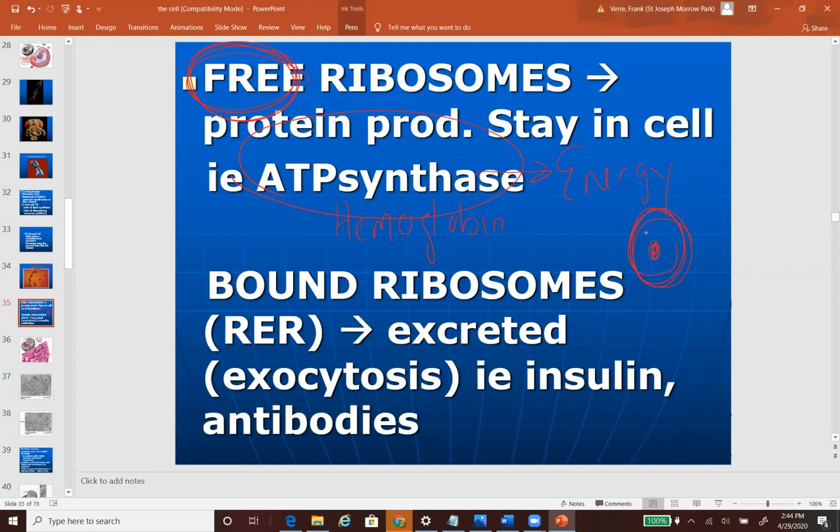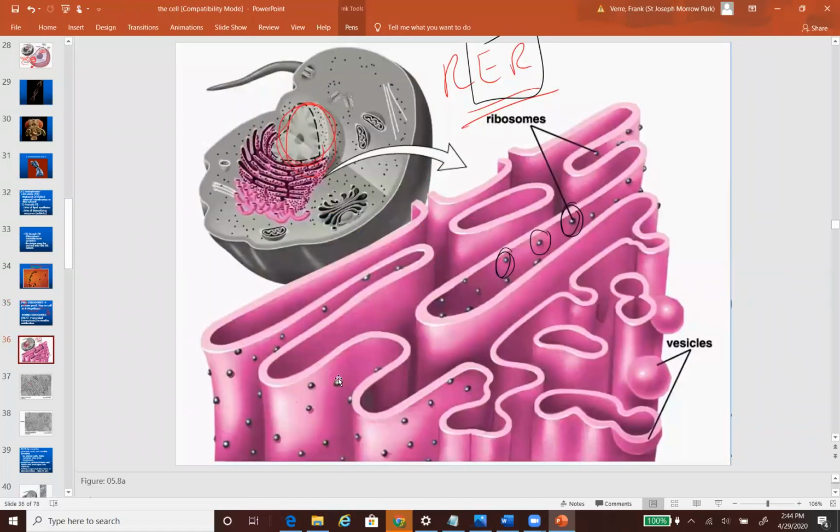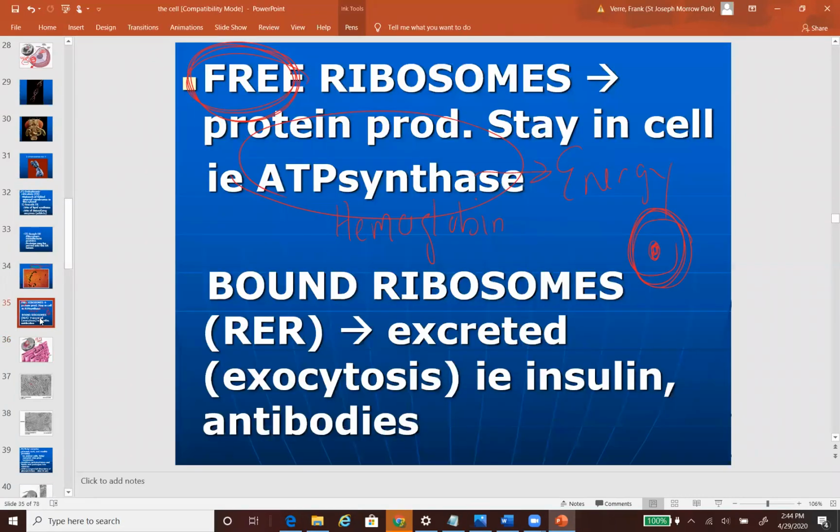But if a bound ribosome makes it, a ribosome that is attached to the ER, then that ribosome produces a protein that does leave the cell. For instance, going back to the example with insulin, the pancreas makes it, but it leaves the pancreas and goes to your brain, your muscle cells. So obviously it has to leave the cell.